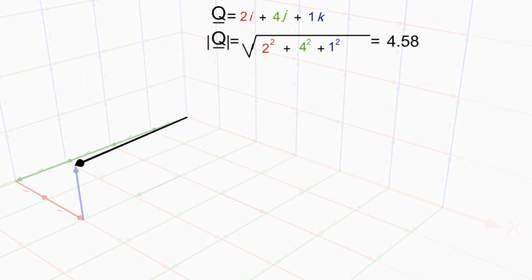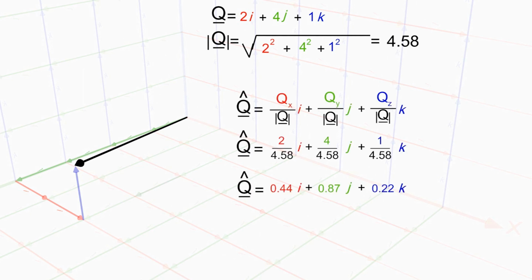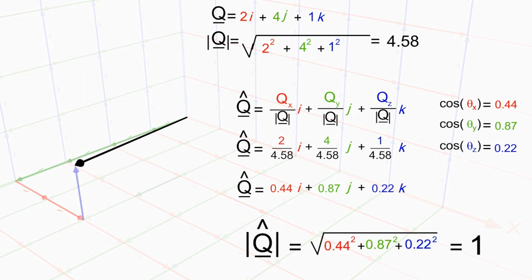Then find the amplitude of this vector. Now we can find the unit vector for this vector. Notice that the value of each component of the unit vector will never exceed a value of 1. These 3 components of this unit vector are the direction cosines of this vector. Finally, we can see that the amplitude of this unit vector is 1.